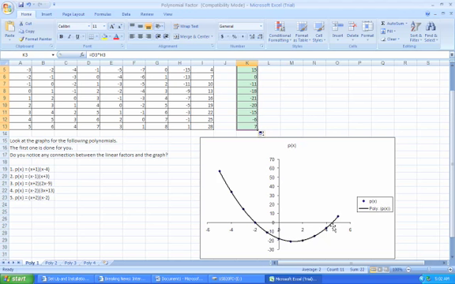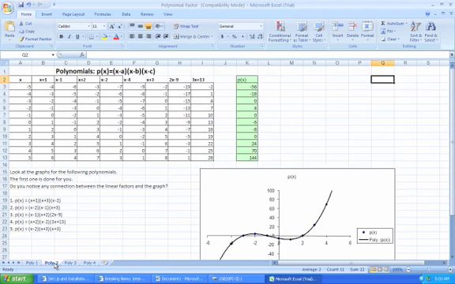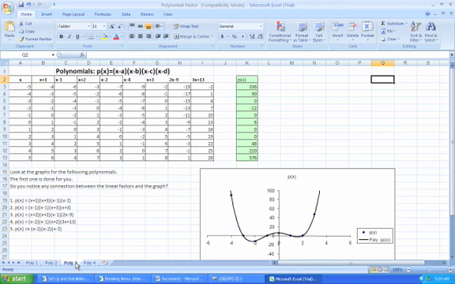Now, be sure when in your exploration that you go on to the other 3 tabs, Poly 2. You'll notice this time there are 3 different factors. In Poly 3, we have 4 different factors each time.